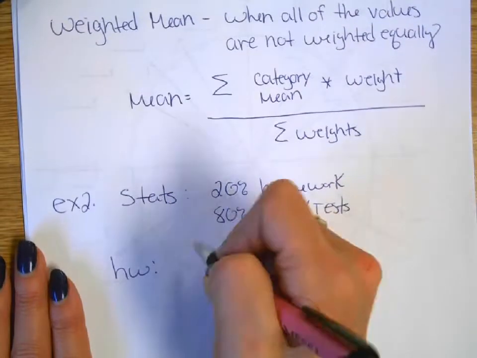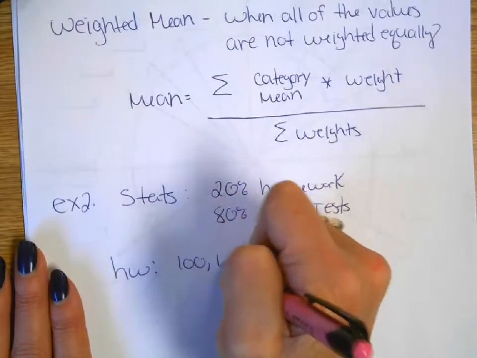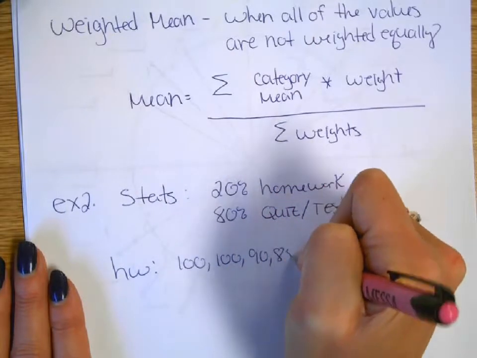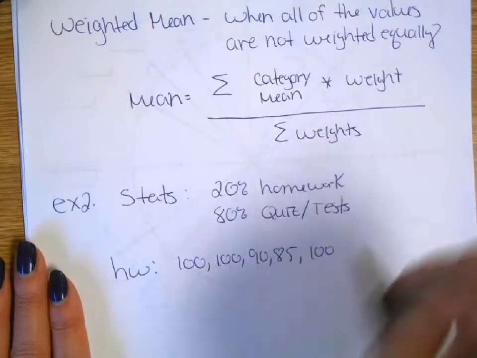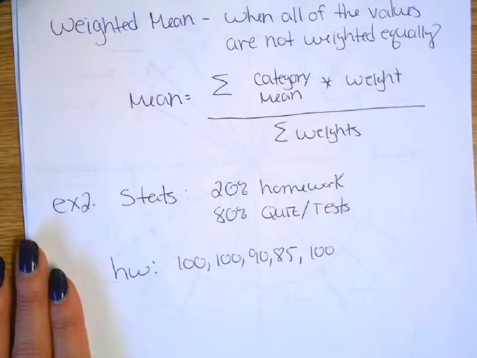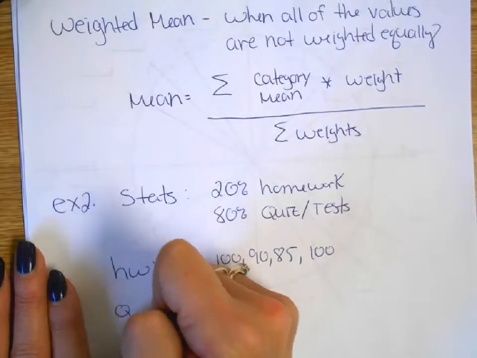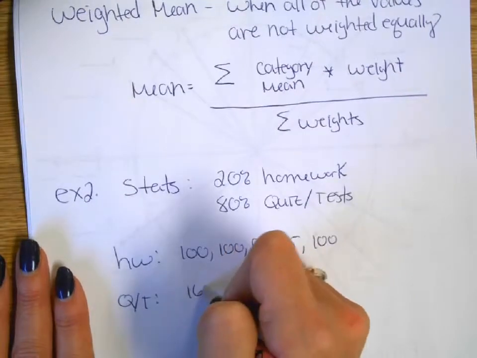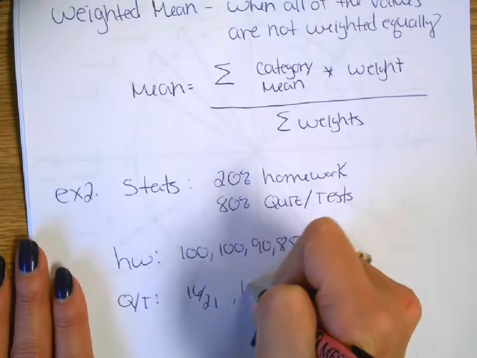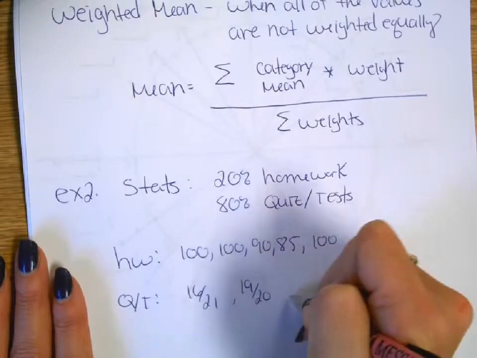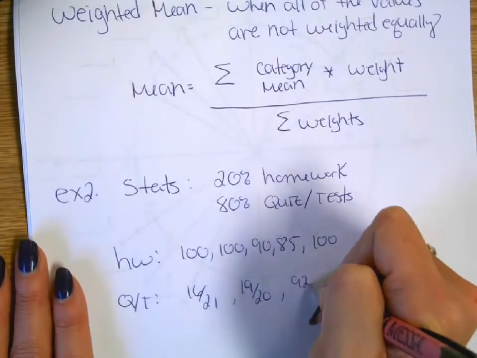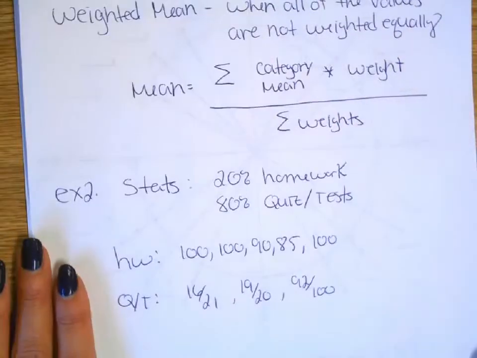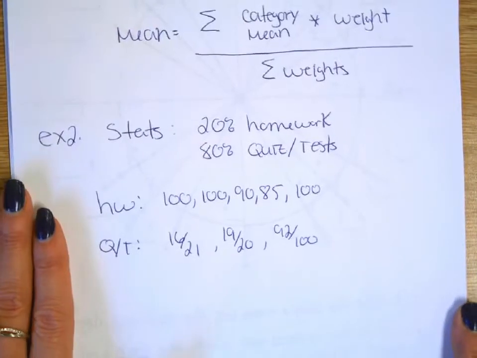Homework, let's say you had 100, 100, 90, 85, and 100. Then quizzes and tests. So you had a 16 out of 21, 19 out of 20, and a 92 out of 100. What would your overall average be?